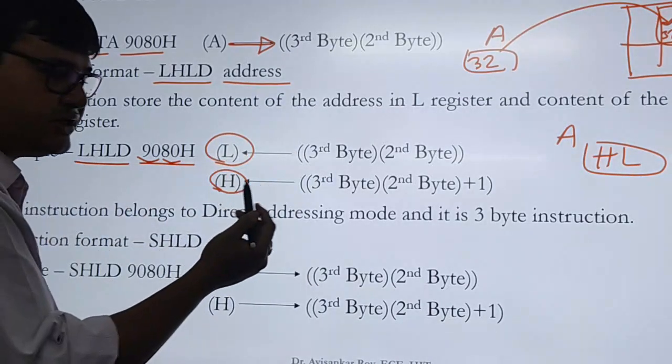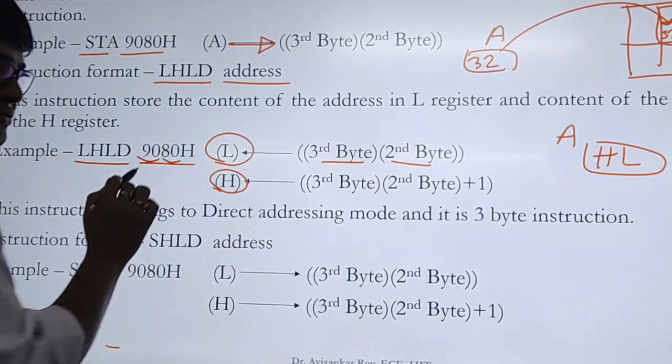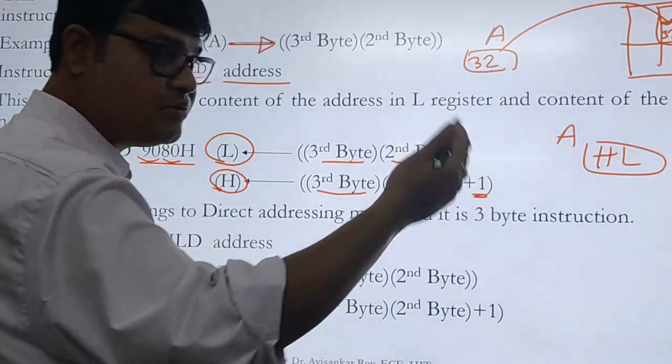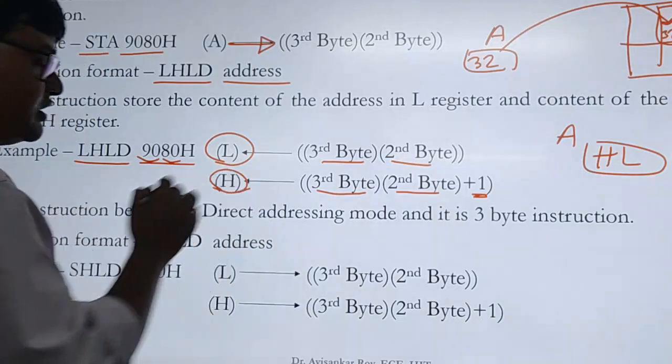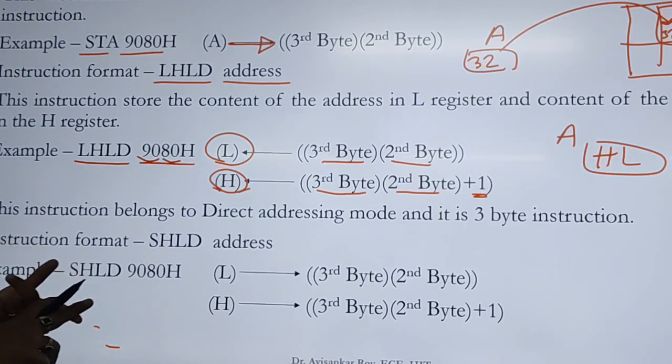In the annotation it is written: third byte, second byte, in brackets, transfers to the L register; third byte, second byte plus 1 means the next memory location's content will transfer to the H register. So using the LHLD instruction, we can transfer two consecutive memory locations into L and H.